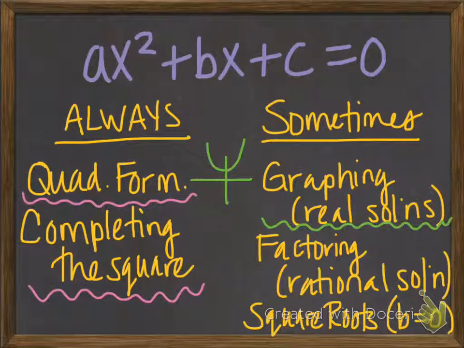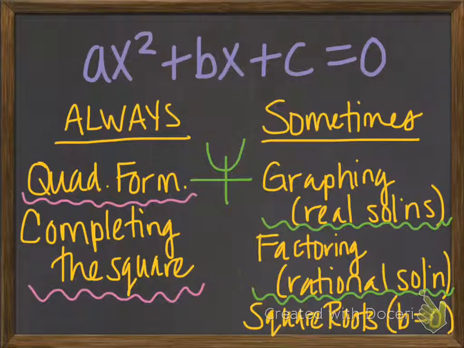So real solutions only for graphing. For factoring, the methods that we use generally only involve rational solutions. So if you have square roots or any non-repeating, non-terminating decimals that are solutions for your problems, then you're not going to be able to find those with factoring, generally speaking.